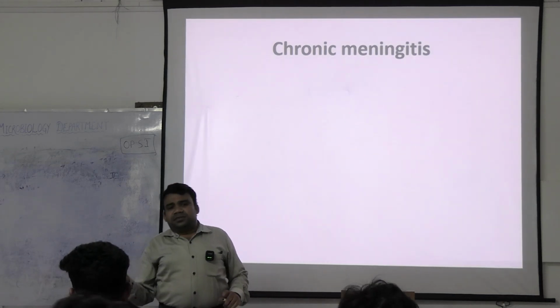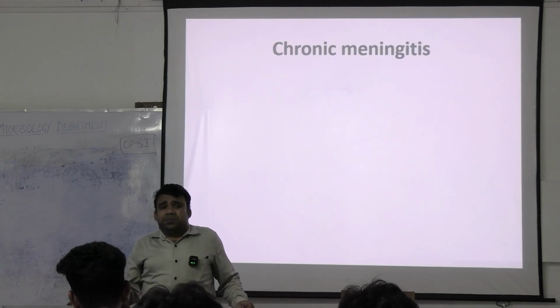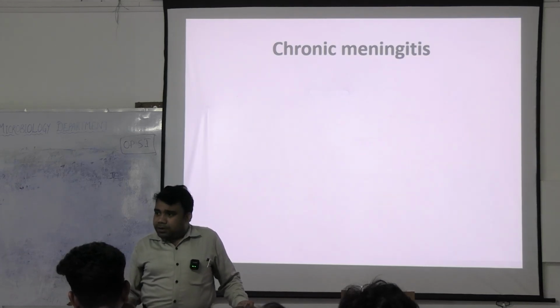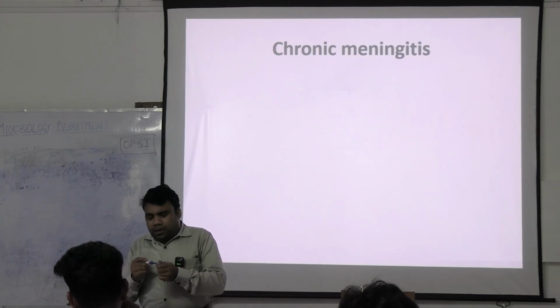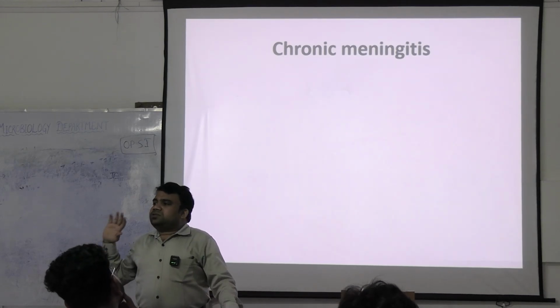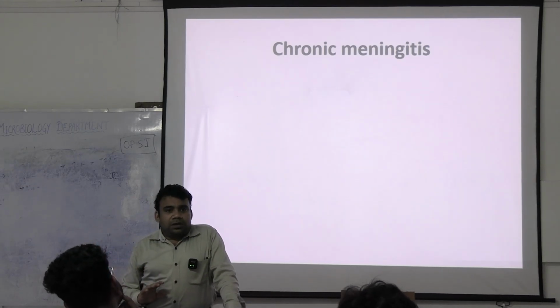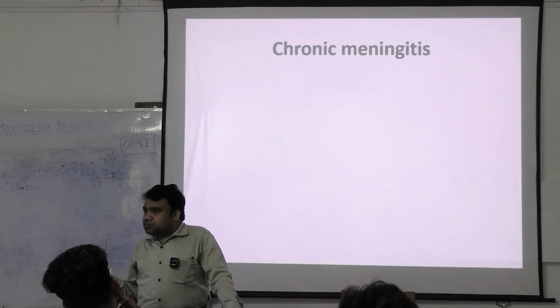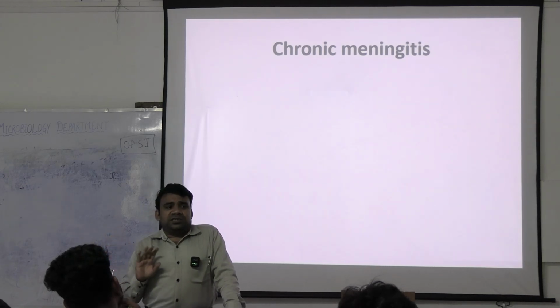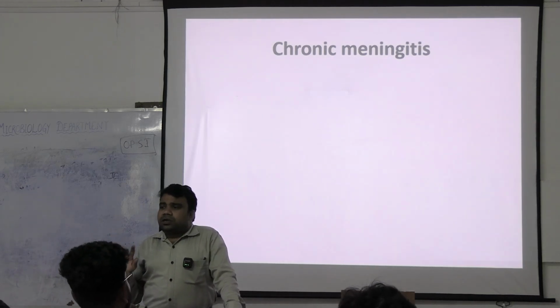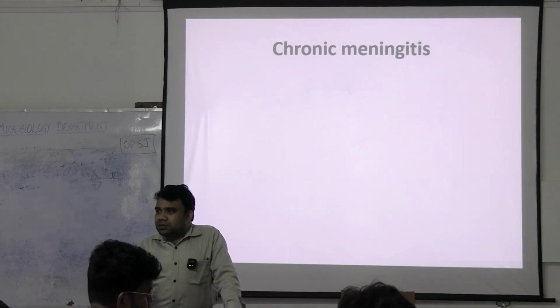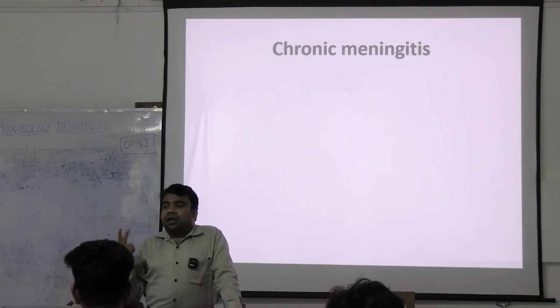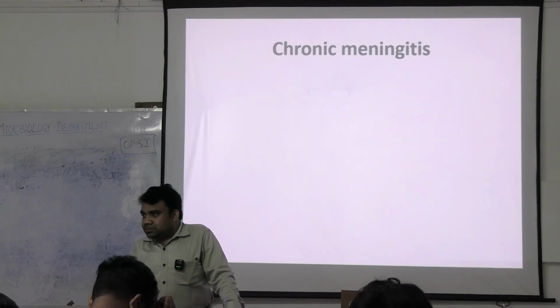Toxoplasma is a parasite. Then cerebral malaria, right? So whenever you come across a question of central nervous system infection, you have to keep this in mind. For your examination purposes, you have to consider acute meningitis, chronic meningitis and encephalopathies.